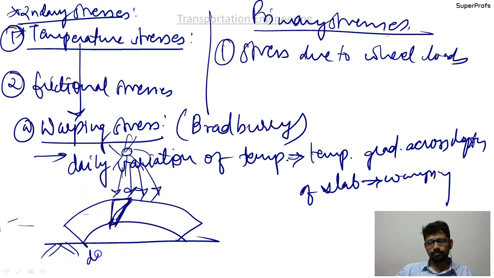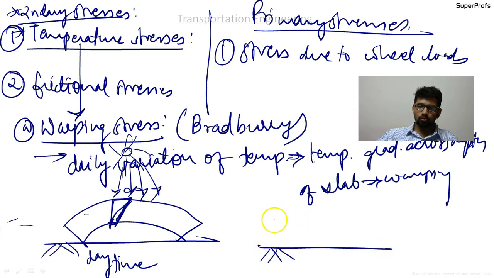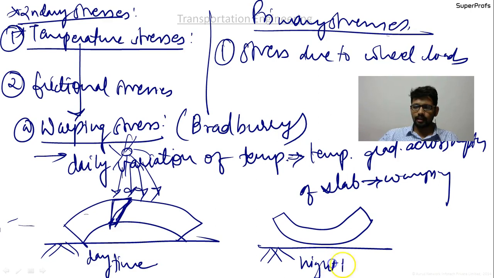I am drawing an exaggerated view, but it is important for your understanding. During the night time the pavements are going to warp in this way, as the higher temperature is at the bottom. If the pavement is fully warping, no stresses develop.